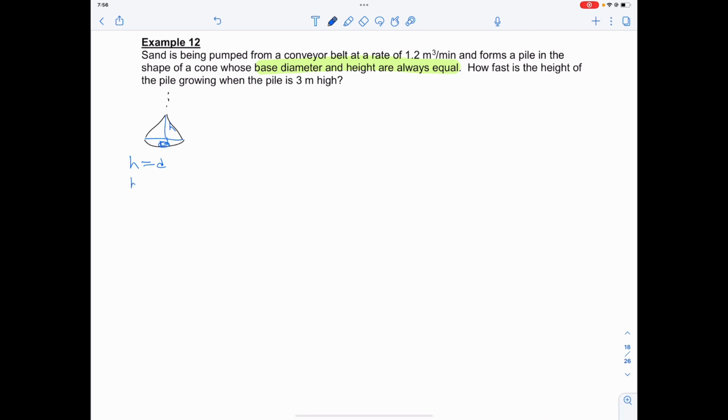I know that the radius is the same as, the diameter is the same as 2r. And I know that the radius would be the same as 1/2 of h in this case.